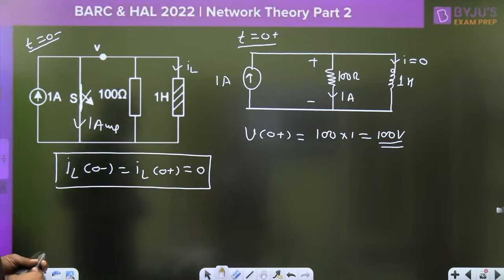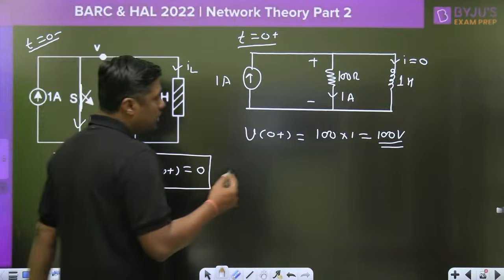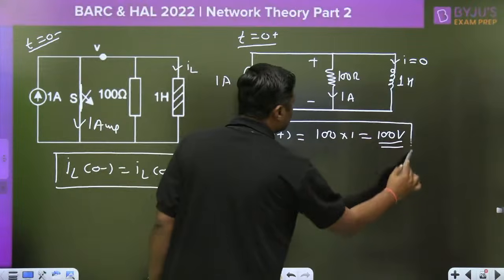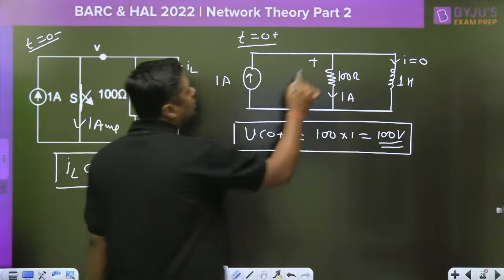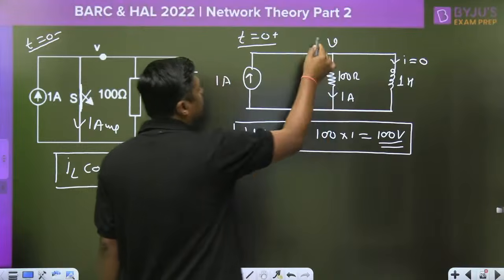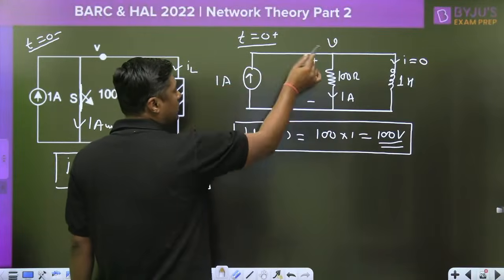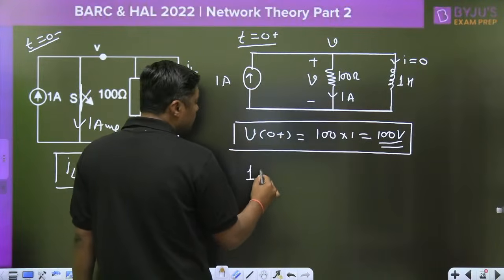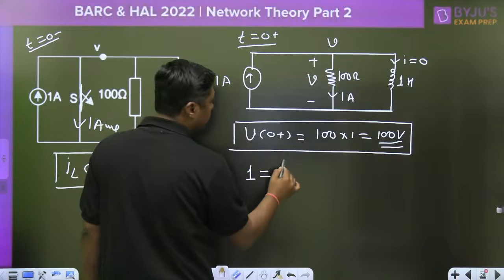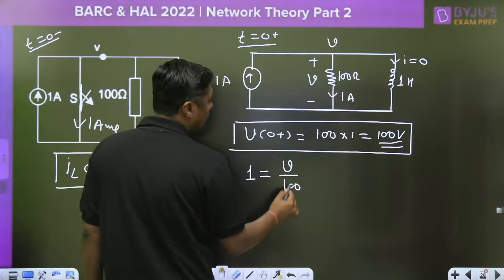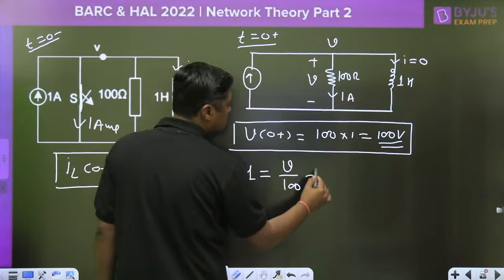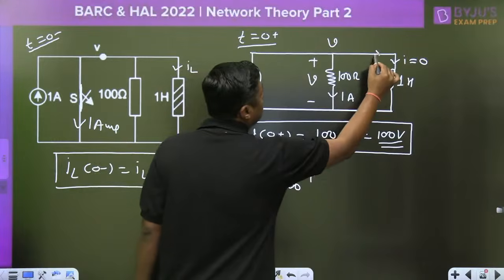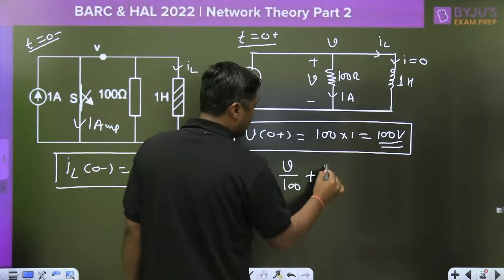Now the second thing is dV/dt. The voltage at this point is V. You can write a KCL: the 1 ampere current source is equal to V by 100 plus the current through the inductor, IL.